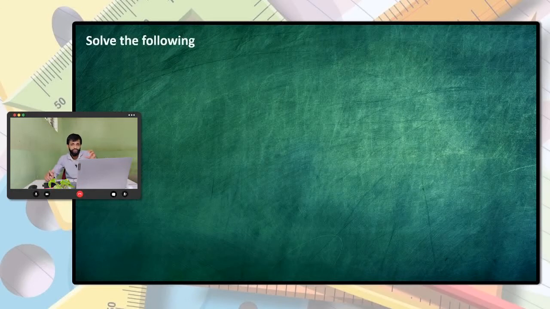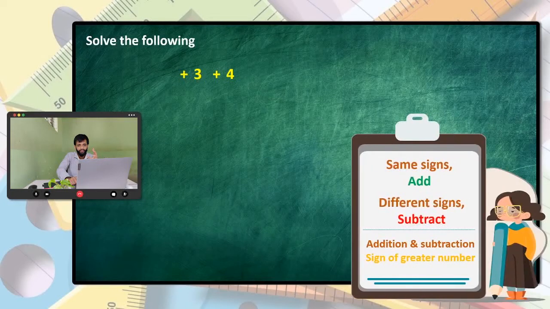So let us focus on solving a few problems. Okay, so I have two positive numbers, that is 3 and 4, and I need to add them. So positive 3, positive 4. Simple rule, okay, remember, is same signs we add, different signs we subtract.